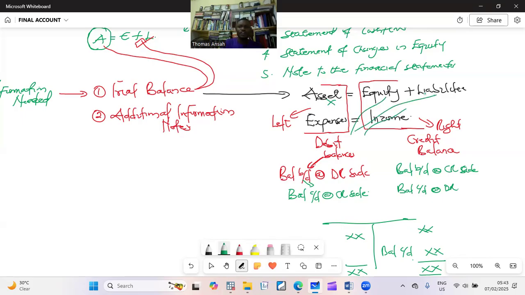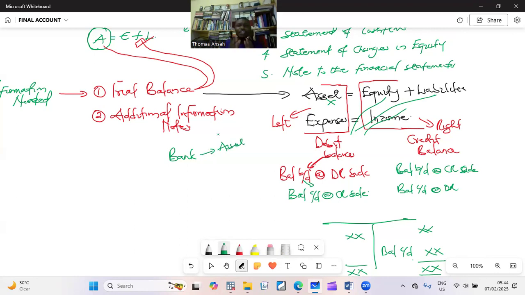For example, if you have a bank balance, bank is part of which element in these five? We all know bank is an asset. Is that not it?